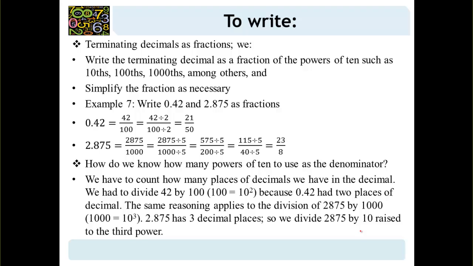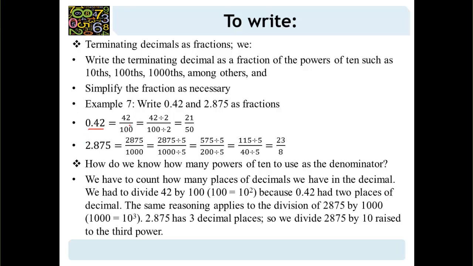If you have a terminating decimal with 2 decimal places, then what you need to do is write it as a whole number and divide it by 10 to the number of places. Let me explain this. If we have something like 0.42, this is a terminating decimal.